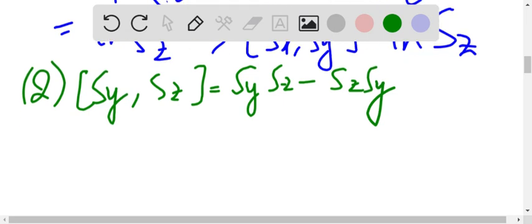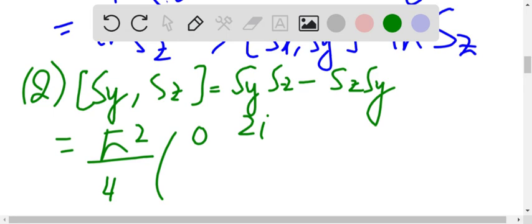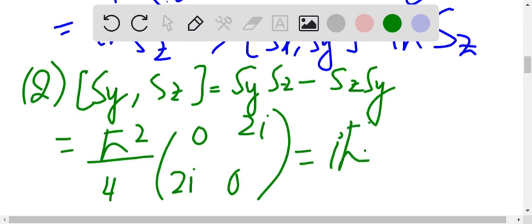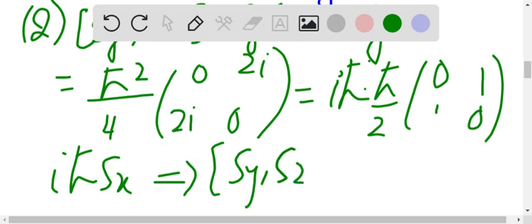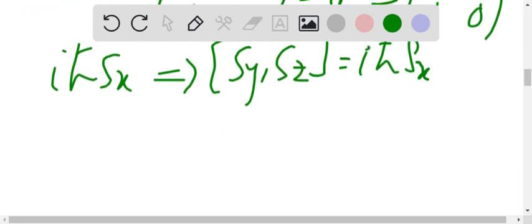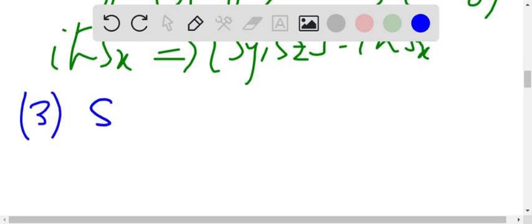We are going to solve it the same as the above one, and we'll get ħ squared divided by 4 times [0, 2i; 2i, 0], which is equal to i ħ times ħ divided by 2 times [0, 1; 1, 0], and from here we can write that i ħ S x. This implies that the commutator of S y and S z is equal to i ħ S x.